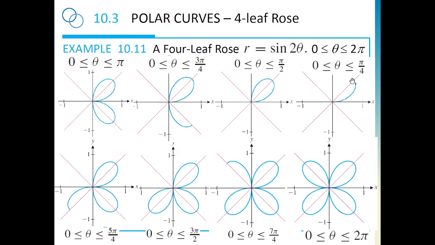And then from that point on, the distance decreases towards 0, so here. And then as we open, 3 pi over 4, so we are here, but then r is negative, so it goes to the opposite quadrant.